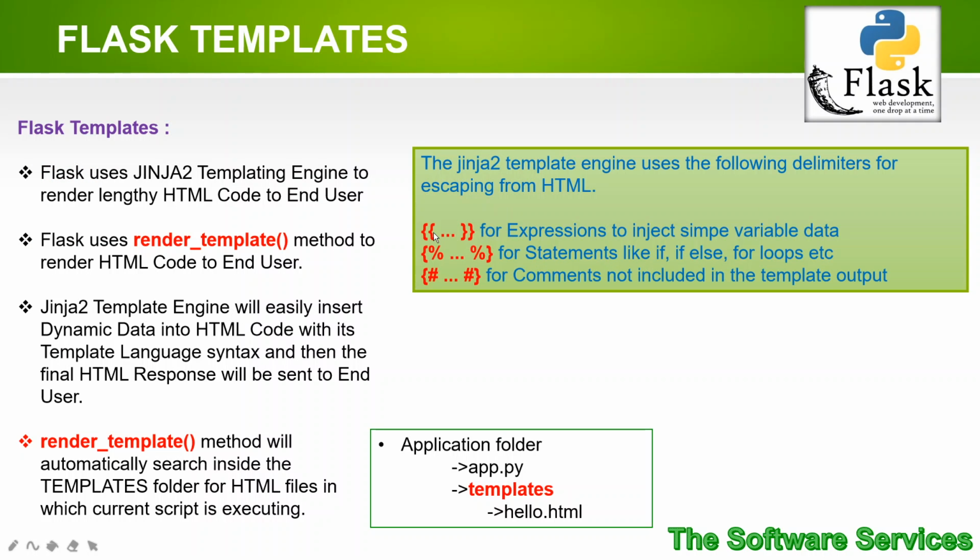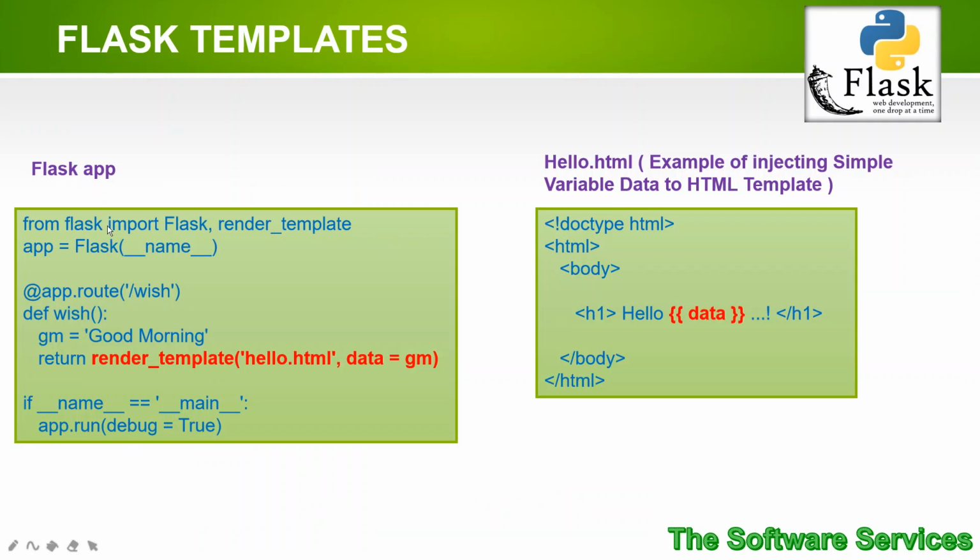I will discuss the syntax of double curly braces for simple variable data, and then I will give examples of if, if-else, and for loop syntaxes to inject dynamic data into the HTML template, friends. First I will discuss how we inject simple variable data into the HTML template, right?